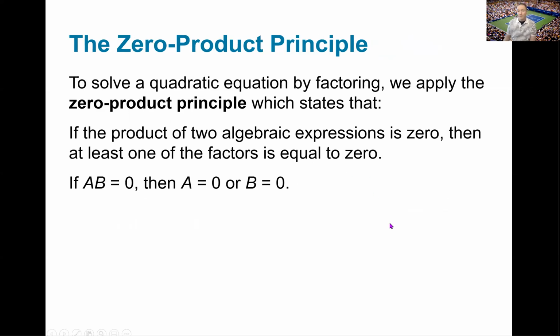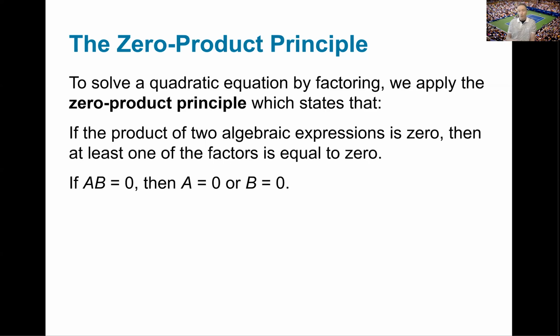Now, whenever we're solving these out, especially if you're solving it by factoring, you're going to need to remember the zero product property. And that zero product property principle is just saying that if you have terms multiplying, if I say, hey guys, this number a times this number b is 0, well then the only way the product of two numbers can be 0 is if either the first number is equal to 0, because 0 times any number is 0, so a could be 0 or b could be 0.